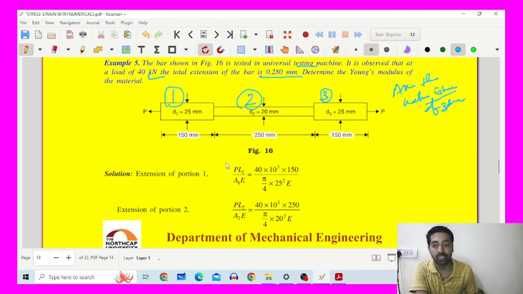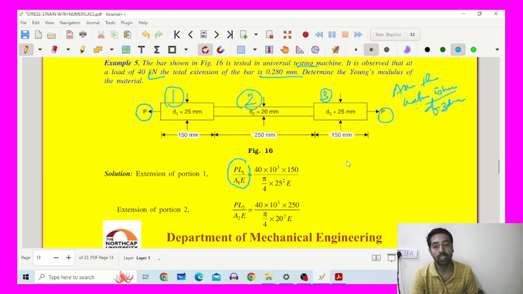Now extension, you know the formula, P into L1. Because this is the balance condition, since the load is acting equal and opposite, this is under the equilibrium condition. In the previous numericals which I have explained, the load was equal, and accordingly you solved the total change in length.